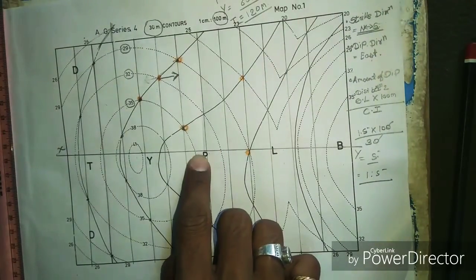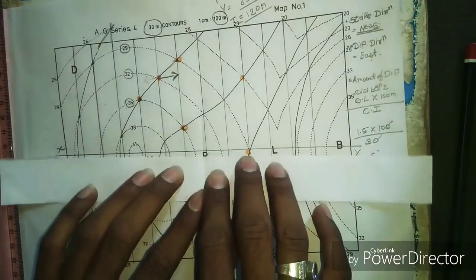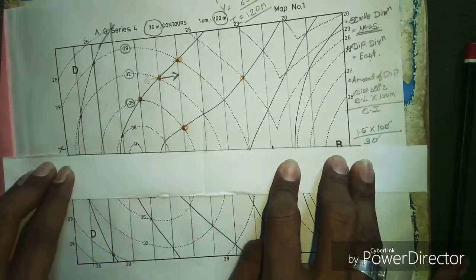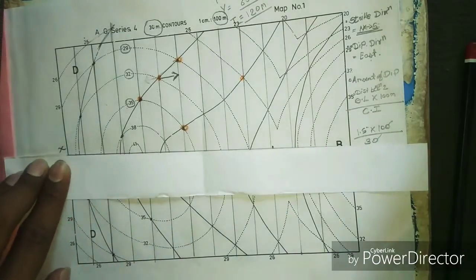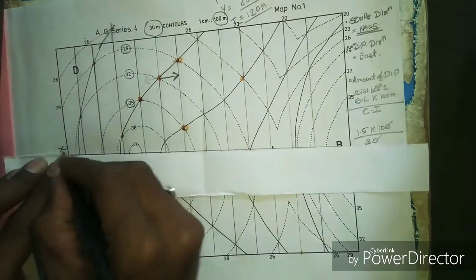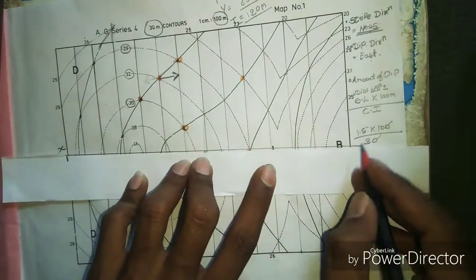You have already got the center point of the map and the center point of this strip. Then keep this strip paper in this manner on the xy axis. Mark the x point and mark the y point carefully.